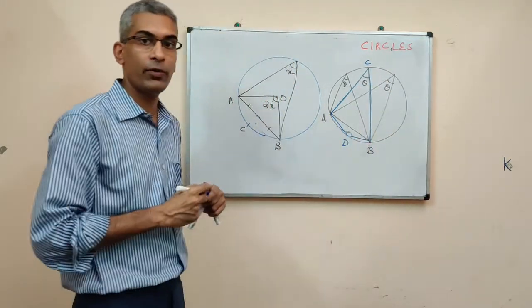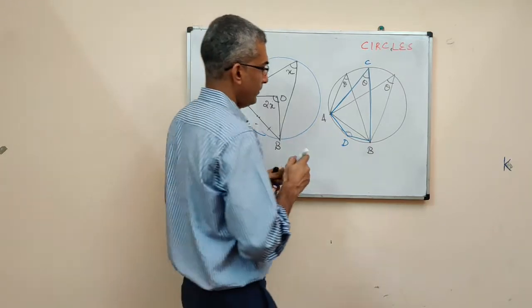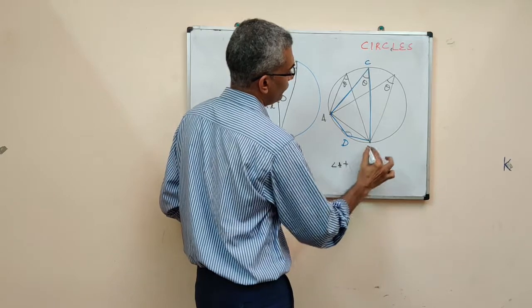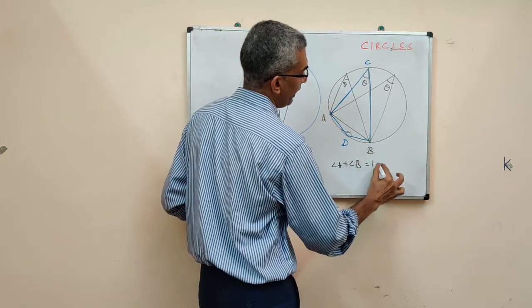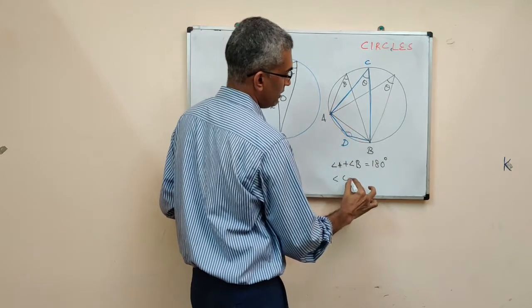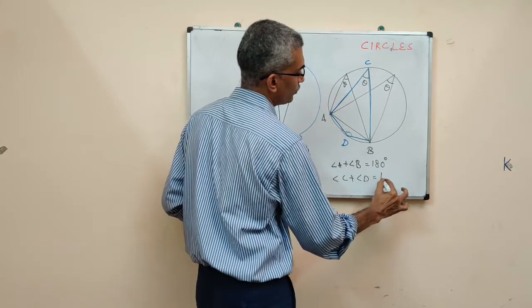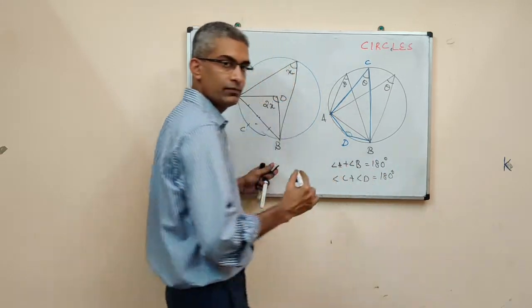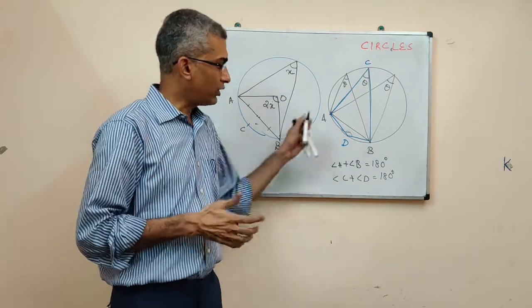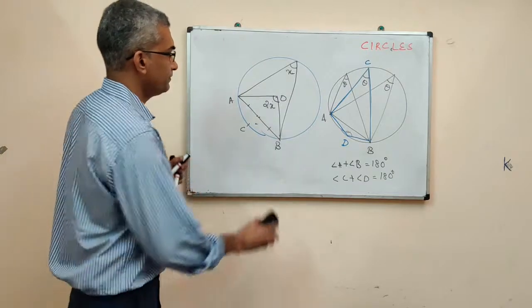That is a very important property. That is, angle A plus angle B will be 180. Angle C plus angle D will also be equal to 180. These are some of the important properties based on a chord of a circle.